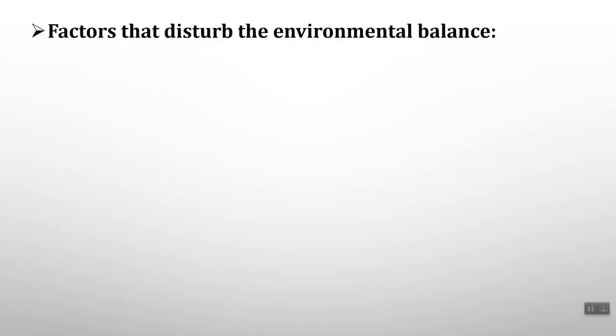And there are factors that harm or disturb the environmental balance. We have two main factors: the natural changes and human interference. Number one, the natural changes.